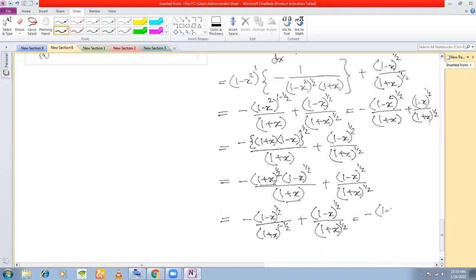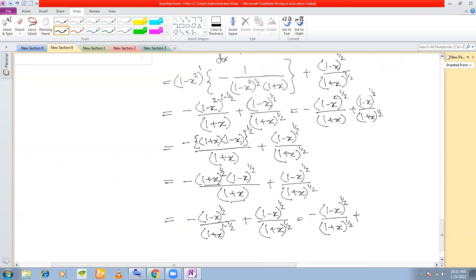Minus 1 minus x to the power of half divided by 1 plus x to the power of half plus 1 minus x to the power of half divided by 1 plus x to the power of half. So these two, they cancel each other and therefore you get 0 is equal to the right hand side. Okay.